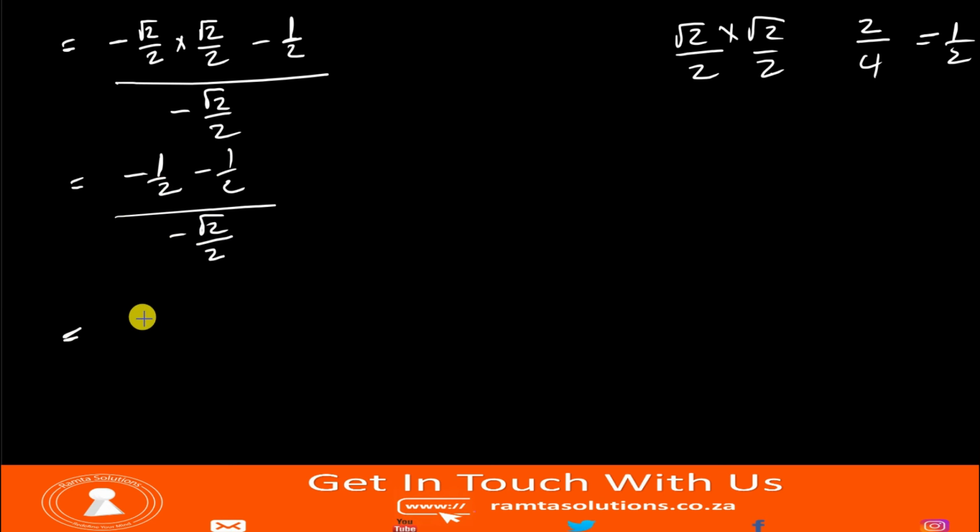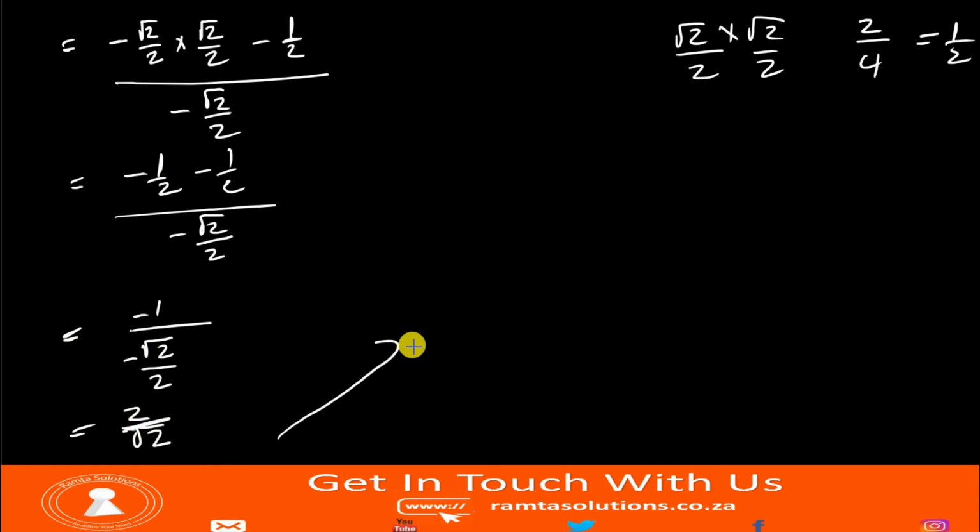This is now negative 1. As you can see, it's negative 1 because you have negative half minus half. It's negative 1 over negative root 2 over 2. This simplifies to 2 over root 2. Because they said you shouldn't use a calculator, you can leave it here, guys.